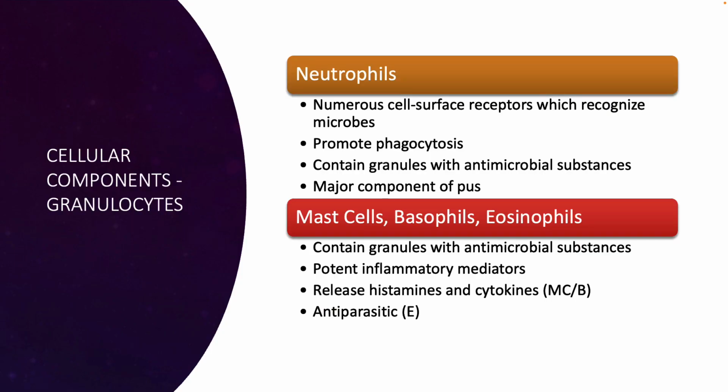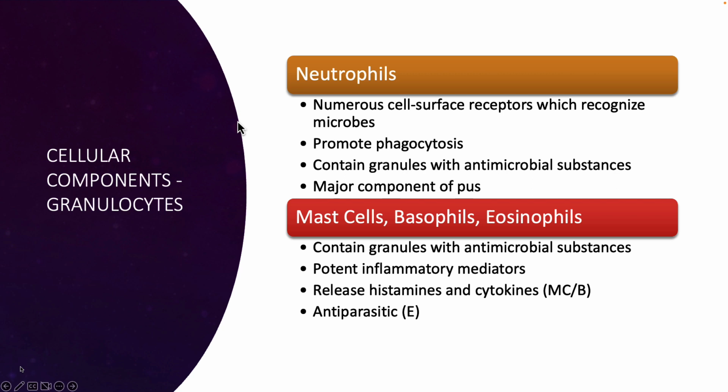We also have cellular components of our innate immune system. I showed you those on a diagram in the previous set of slides. So we have a group of cells called granulocytes that consists of neutrophils. They have numerous cell surface receptors which recognize microbes.